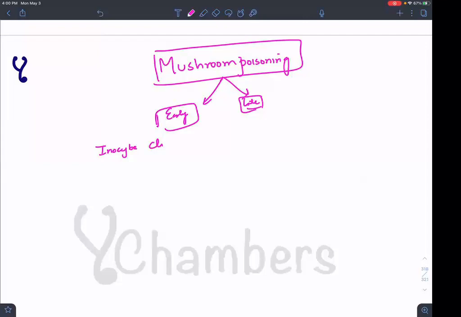Think how I remember them: with Inocybe and Clitocybe species, the symptoms behave as if you had an organophosphate poisoning. This is how I learn it. Whenever I have an early poisoning, it is mostly by Inocybe or Clitocybe, so the symptoms will be the same as organophosphate poisoning.